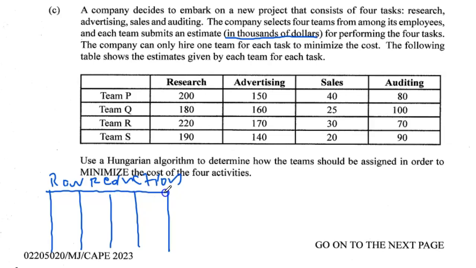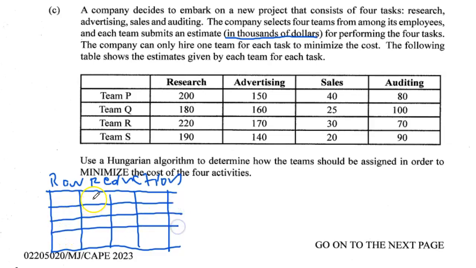Since it's a 4 by 4 matrix, we need to ensure we have 4 rows and 4 columns. So in row 1, the smallest value in row 1 is 40. So we need to subtract 40 from every other value in row 1.